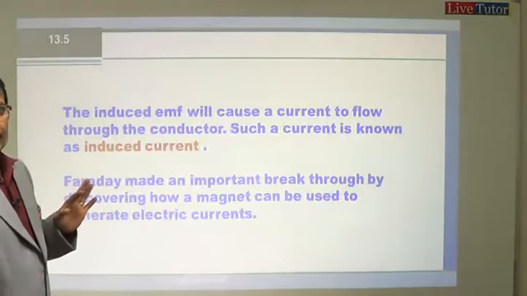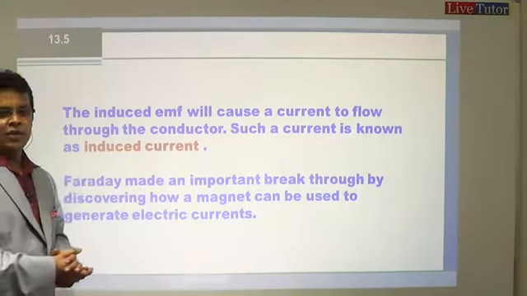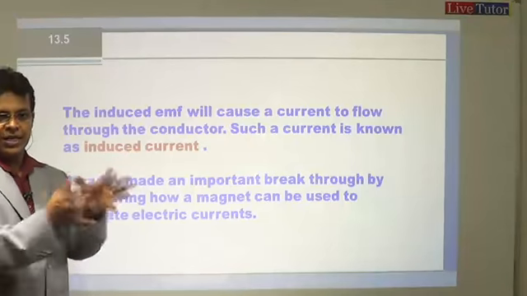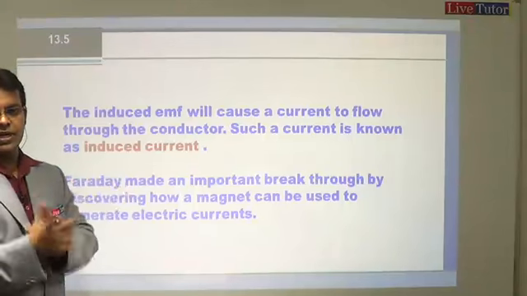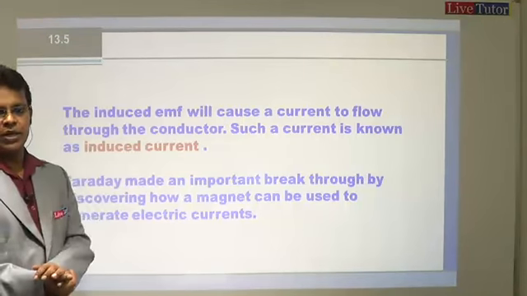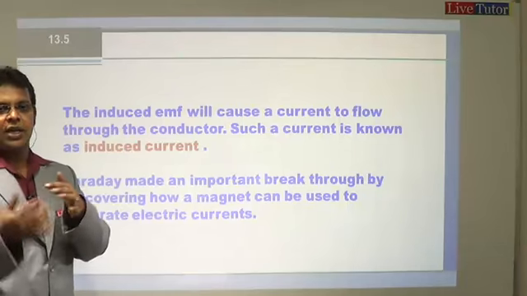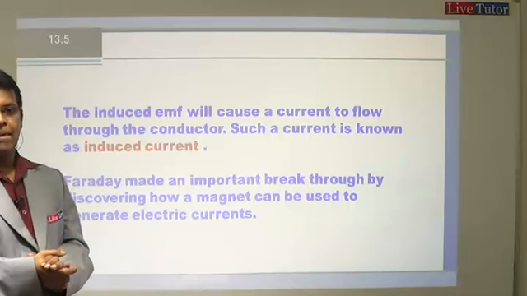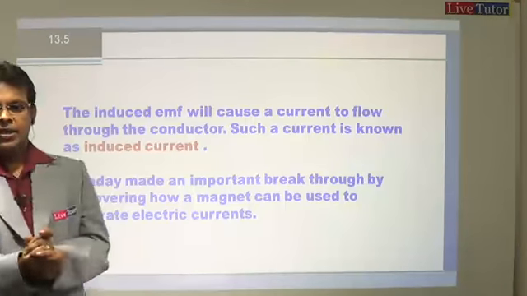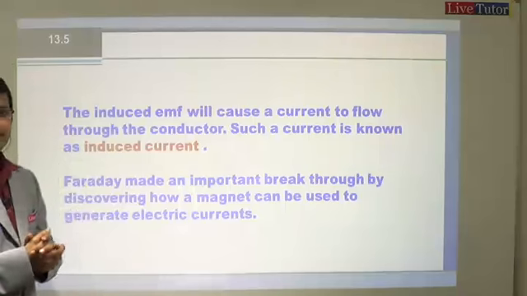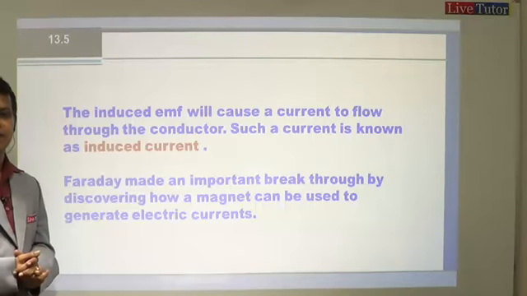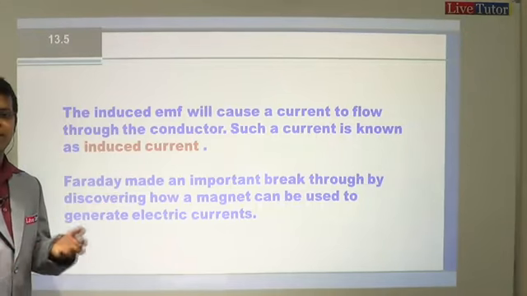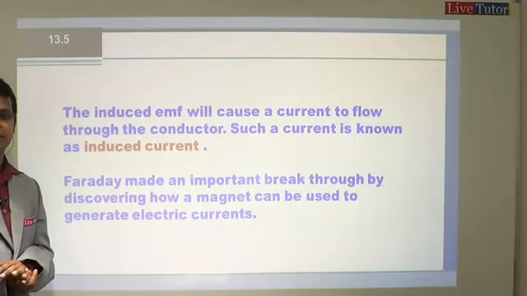And this induced EMF, you know, is the force with which the electrons are driven, and they will constitute a flow of current. Such current is called induced current. Due to this invention, he made a breakthrough in discovering how a magnet can be used to generate electric currents. If this was not found, we may not have generators nowadays.